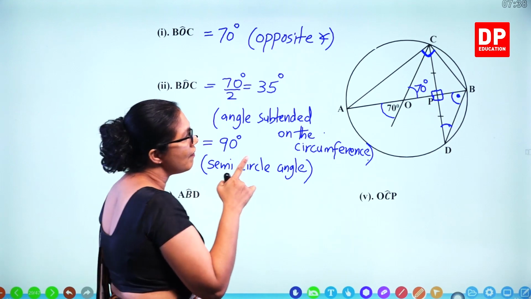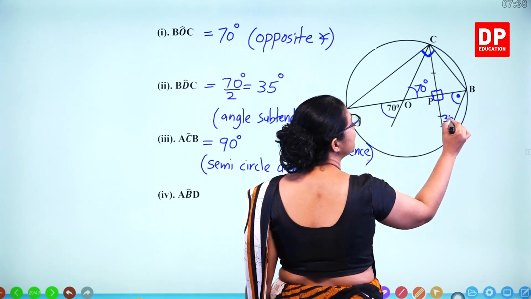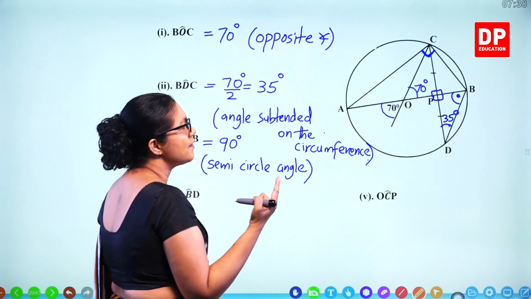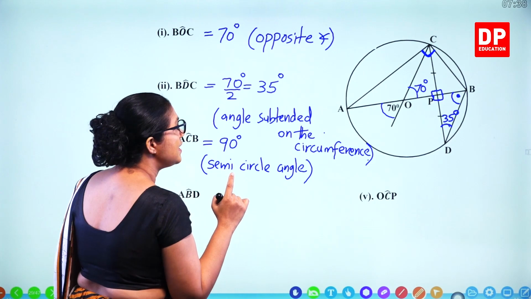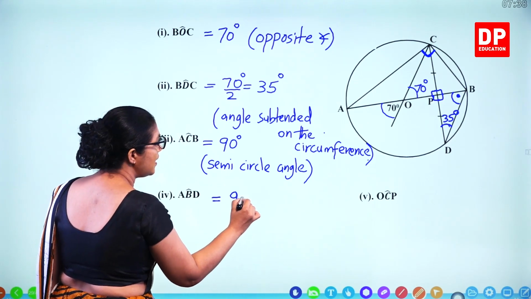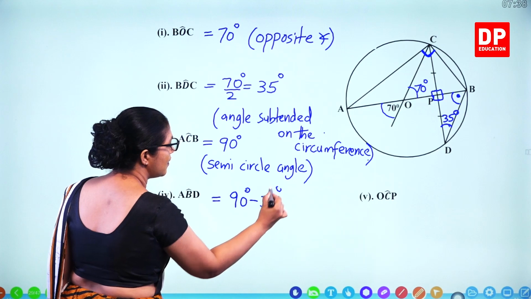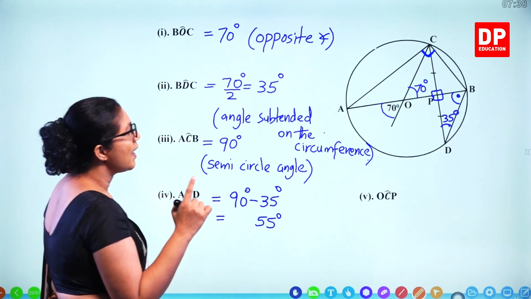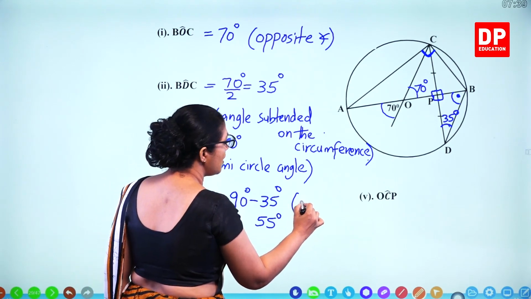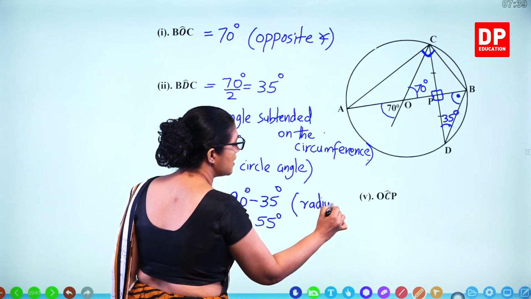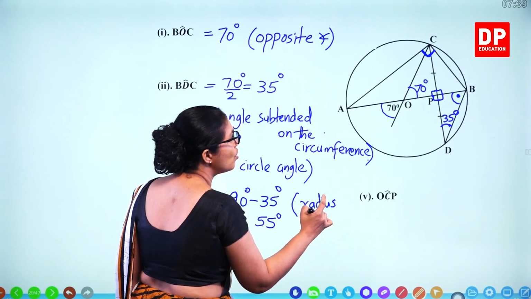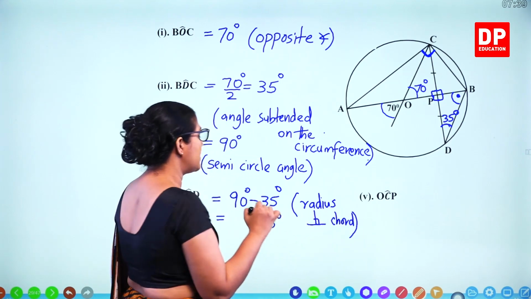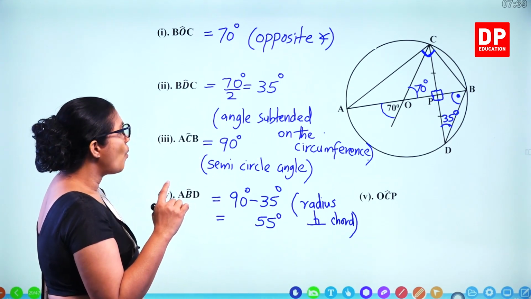We found out this is 35. So 90 minus 35 is ABD. What's that? 55 degrees. So we can write down: radius is perpendicular to the chord. That's the reason.